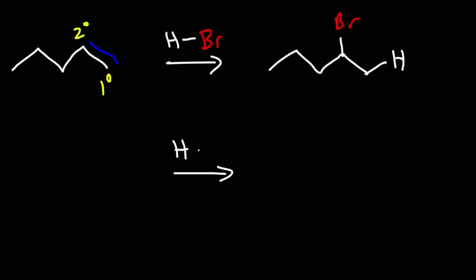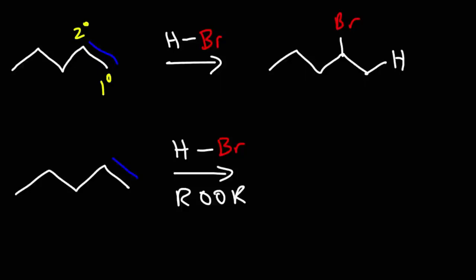There's another reaction that's similar to this one that proceeds with anti-Markovnikov addition. It's when you mix HBr with peroxides and you react it with an alkene. In this case, the bromine atom is going to go on the primary carbon as opposed to the secondary carbon.